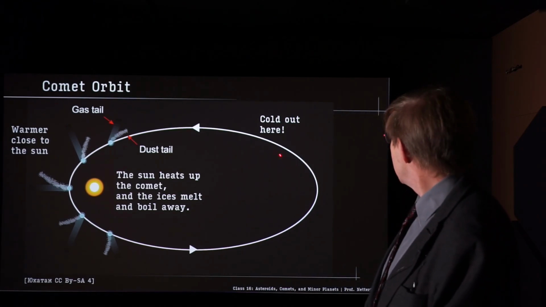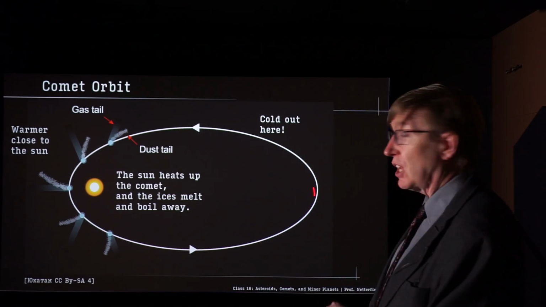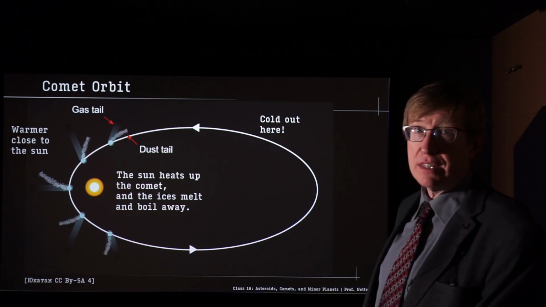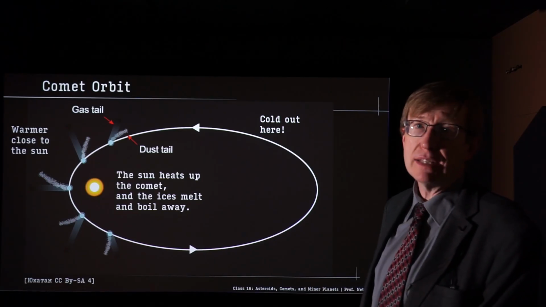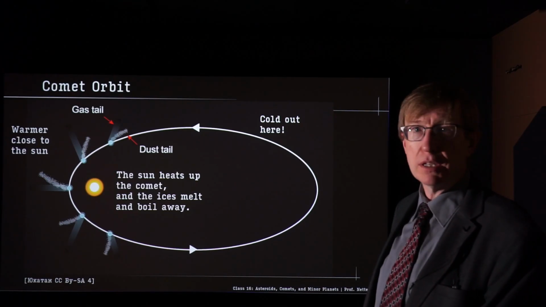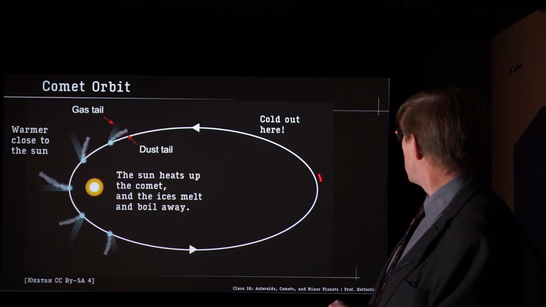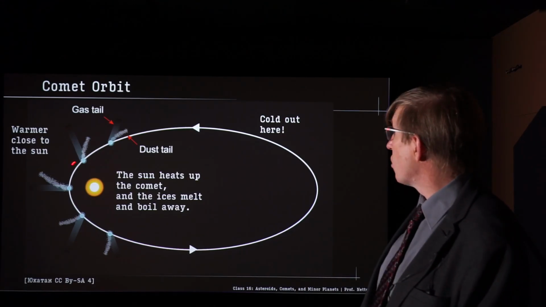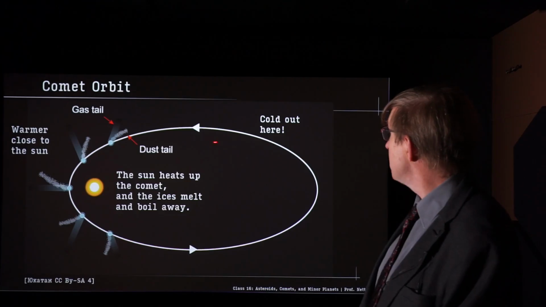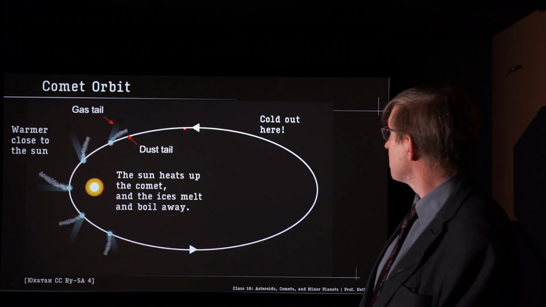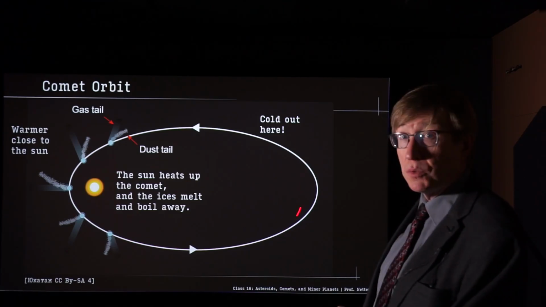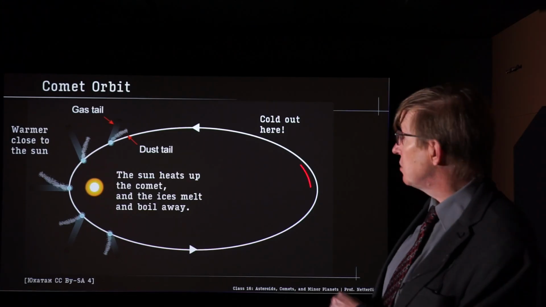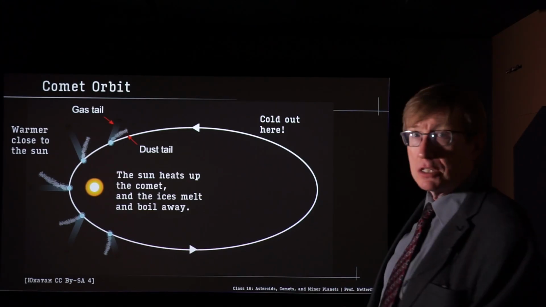Okay? It's really cold out here. This is a long way from the sun. Could be out well past even the orbit of Pluto for the really, really slow ones. Really cold out here. Quite a bit warmer in here. As the object comes in, the sun heats up the comet. If it formed out here where it's really cold, and then something bumped it to make it go into this elliptical orbit, then it's got a lot of ices.